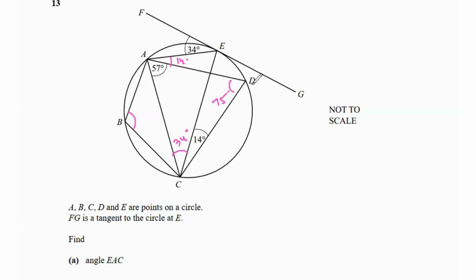So what we can do is use the cyclic quadrilateral concept, because if we look at A, B, C, D, all four vertices are touching the circumference, which means it's a cyclic quadrilateral, and in a cyclic quadrilateral opposite angles add up to 180. So angle ABC is going to be 180 minus 75. It's going to give us 105 degrees. That is your answer.